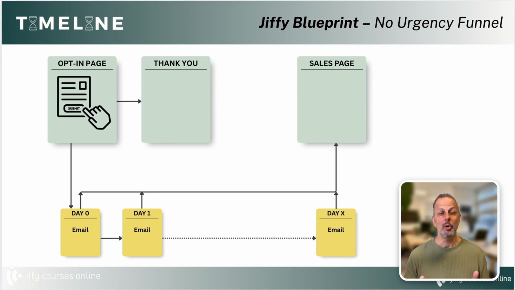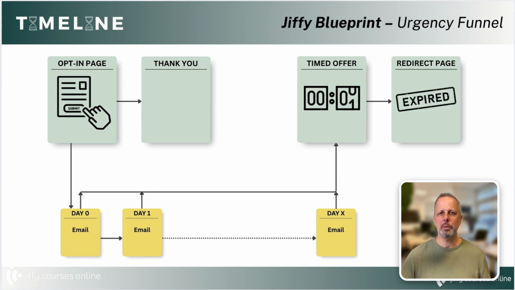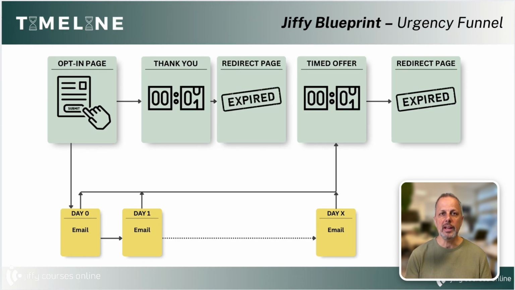In this video, we transformed a simple funnel with just an opt-in page, thank you page, and a sales page into an urgency funnel with a countdown timer on the sales page, so people are more eager to actually buy your product. But as not everybody is coming from the email to your sales page, we've also added a countdown timer to your thank you page.